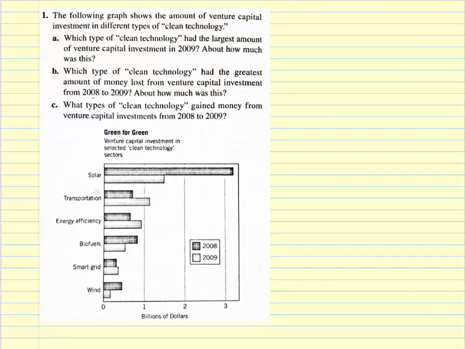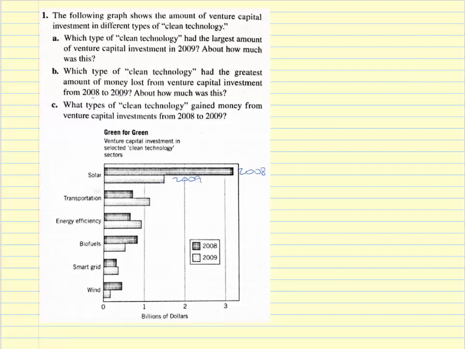So here's an example. It talks about clean technology and how much money was invested for each technology in 2 different years. The dark bars represent the year 2008, and the lighter bars represent 2009. So for solar energy, this bar represents how much money was invested in 2008 into solar energy.